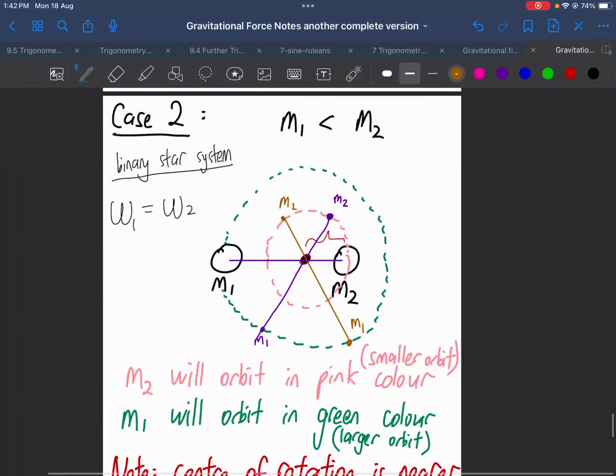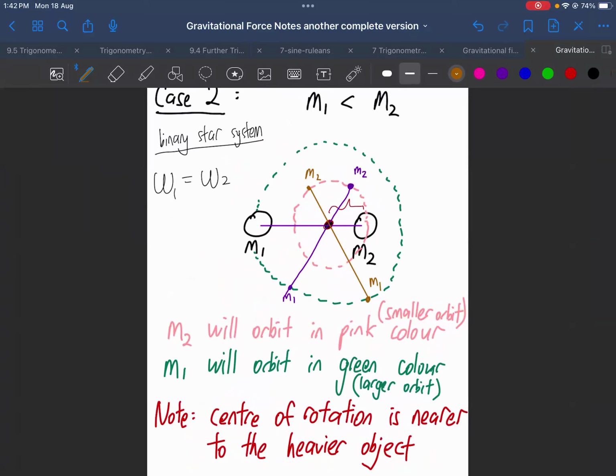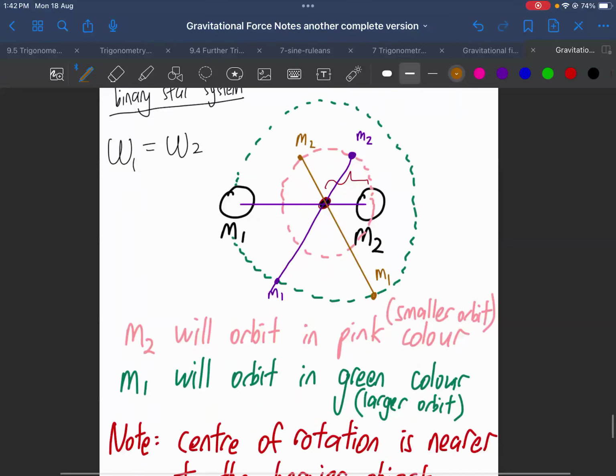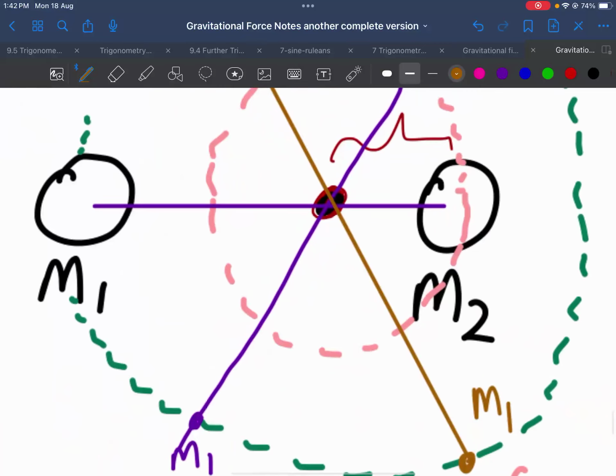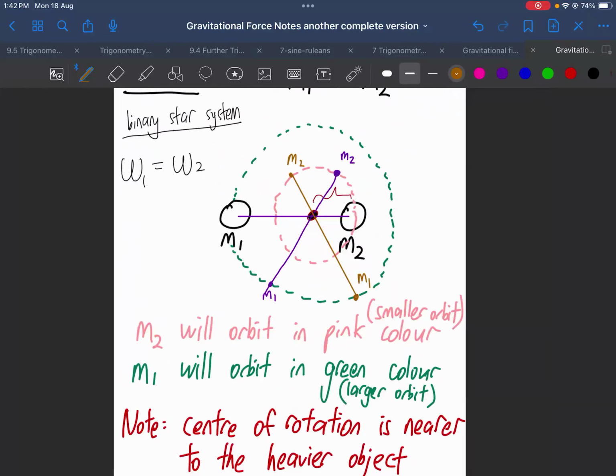M1 and M2 have the same period and the same omega. And M1 has a greater speed, M2 has a lower speed. Did you know that this center is the center of mass between the two objects here? Makes sense actually.